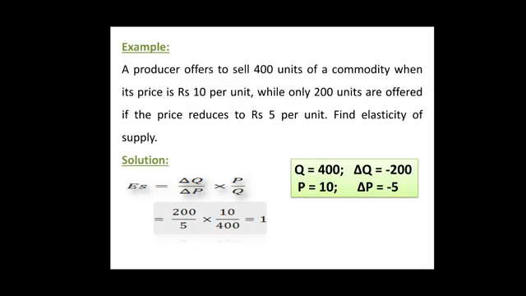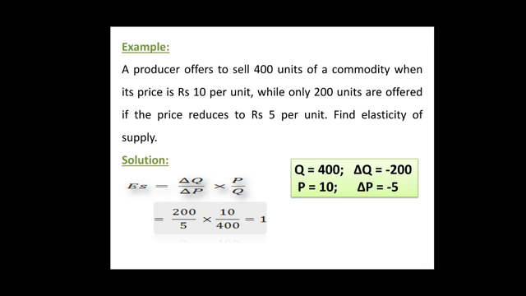Now, dear students, here in this slide is given an example of how to calculate elasticity of supply by using the percentage or proportionate method. Let us suppose that a producer offers to sell 400 units of a commodity when its price is rupees 10 per unit, while only 200 units are offered if the price reduces to rupees 5 per unit.